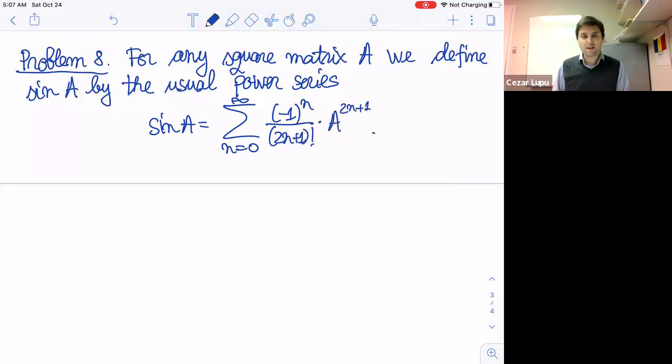So we define the Taylor series for sine of A in the same way as we define it for sine of x, right?